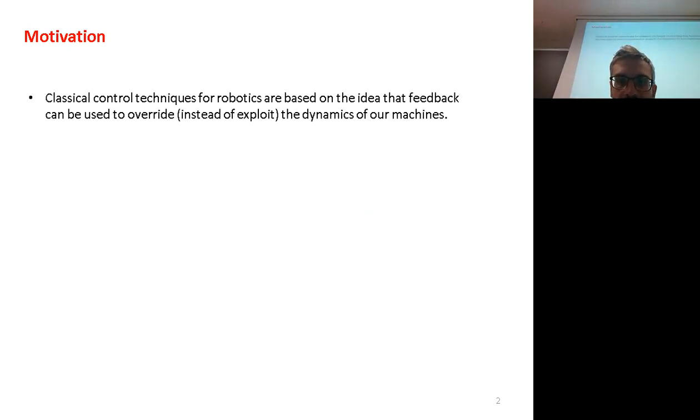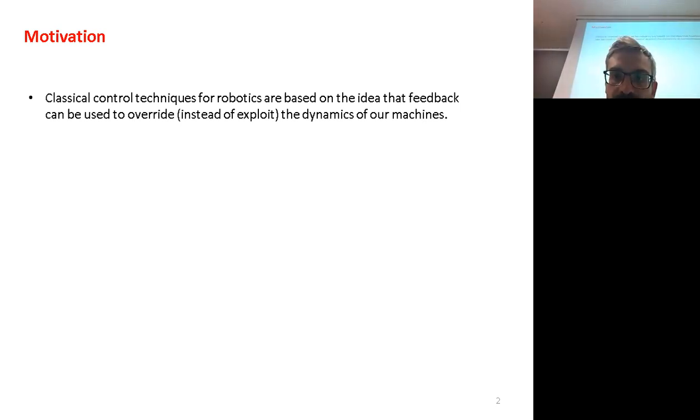We have the classical control techniques from robotics that are based on the idea of feedback that usually is used to override the dynamics of our machine instead of exploiting it. So we want to force a tracking of a trajectory.